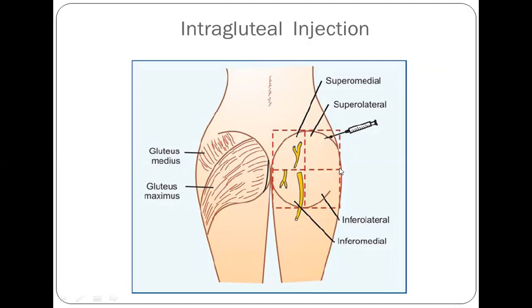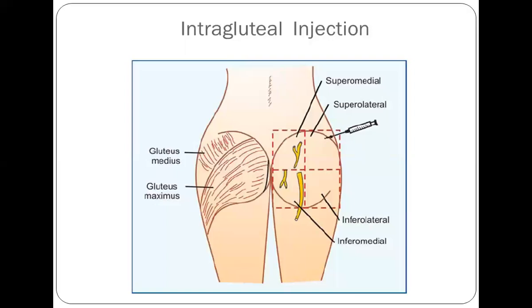Out of these 4 quadrants, the nerves of the gluteal region are present in the inferomedial quadrant and the superomedial quadrant. And in some individuals, the sciatic nerve can have a high division, so the sciatic nerve may give a branch into the inferolateral quadrant as well.